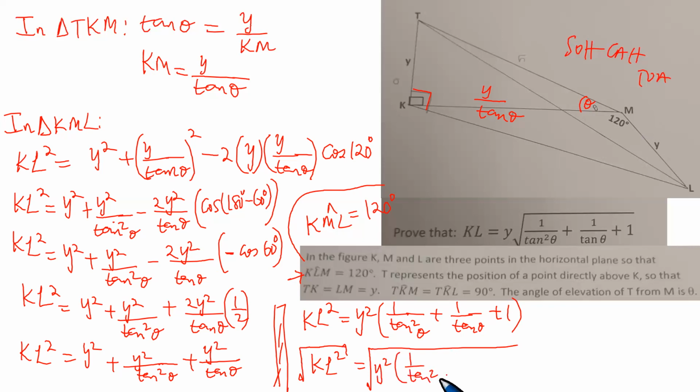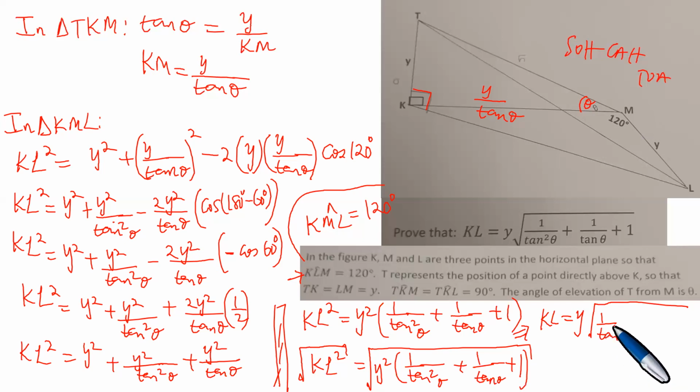We have 1 divided by the tangent squared of theta, 1 divided by the tangent of theta, and we add a 1 there. So we are in business now. The square root would give us exactly KL. The square root of y squared becomes y, and we have the square root of everything else that is irreducible: 1 divided by the tangent squared of theta plus 1 divided by the tangent of theta plus 1.